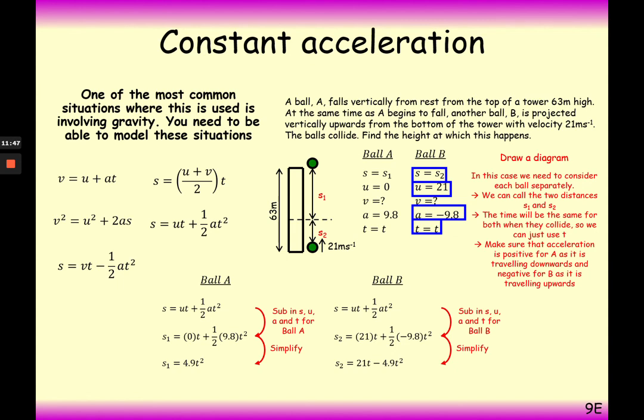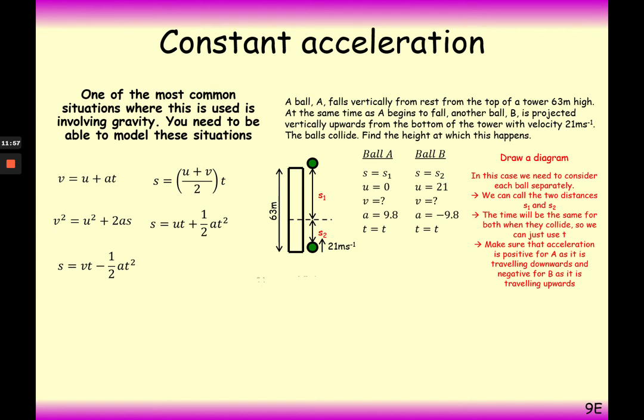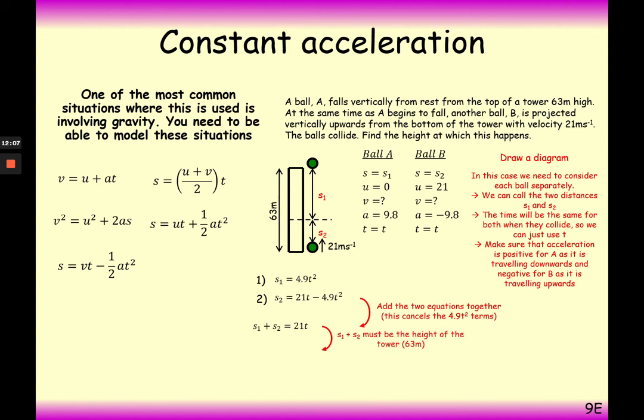Obviously we're trying to find s2 because that's the height, which is what we're after. We have some information connecting s1 and s2: they're going to add up to 63 meters. If we add our two equations together, the t squared component cancels out. We know that s1 plus s2 is 63, so we can calculate that t is going to be 3 seconds.